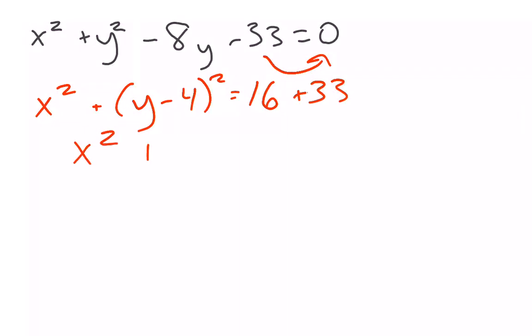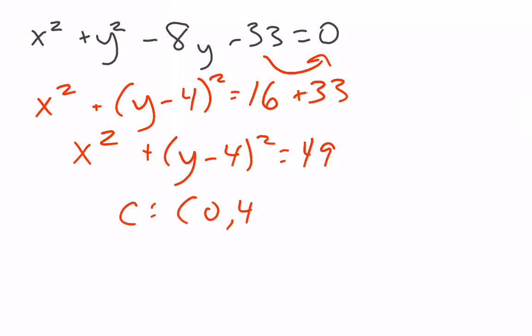So I get x² + (y − 4)² = 49, which gives me a center of 0, 4, and a radius of 7. So make sure if you don't have something in the parentheses with your variable, you're saying it's 0, not 1.